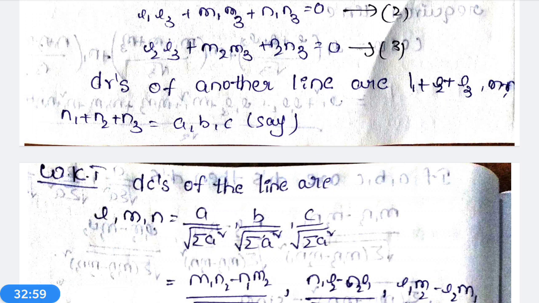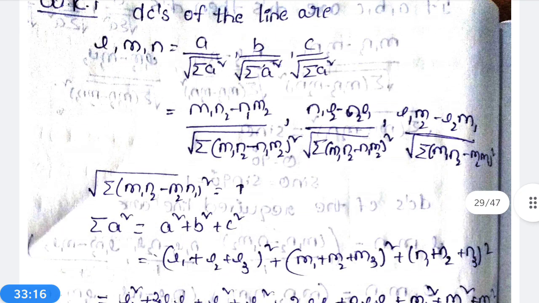But the square root of sigma a square is equal to 3, because sigma a square is a square plus b square plus c square.